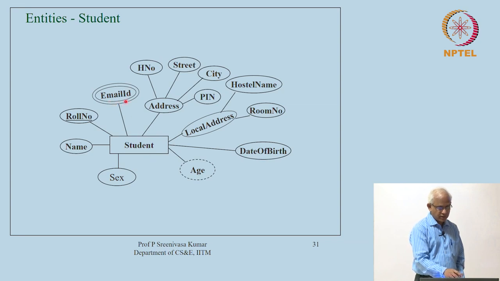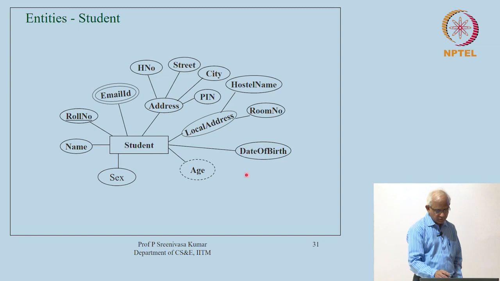There are one or more email IDs, so it is a double ellipse. Then we have address. Address is a composite attribute because it has house number, street, city and pin. And the local address is also a composite attribute because it has a hostel name and room. We are interested in date of birth, and age is a derived attribute, and we are interested in the gender of the student. So, these are the various attributes.